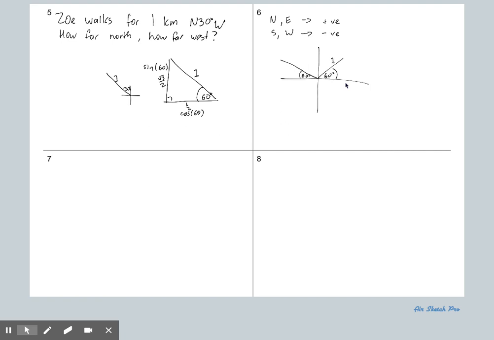So if this distance here was 0.5 and this distance here was √3/2, if we use northeast positive, southwest negative, what distance relative to, with direction added to it, how far north has Zoe traveled here? It's the same, √3/2, right? That's √3/2.